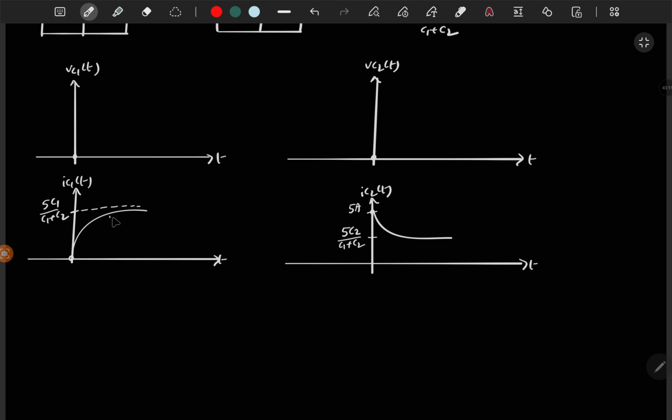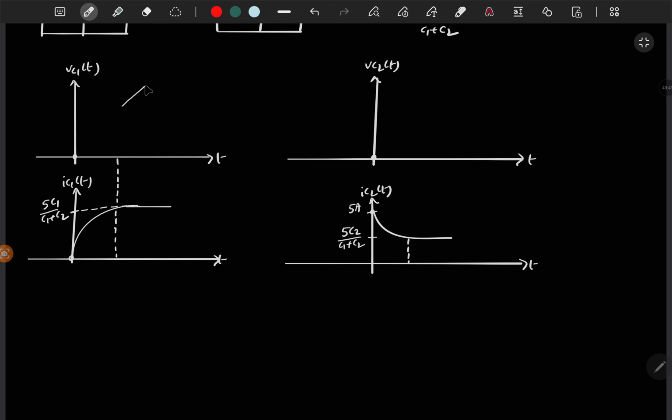So let's say at this point it is going to the steady state value, assume. So from this point, since the current is constant, the capacitor will charge linearly, both.